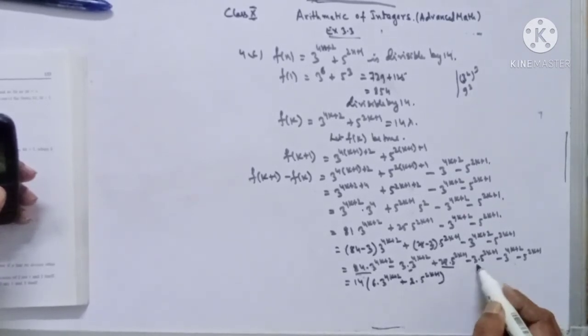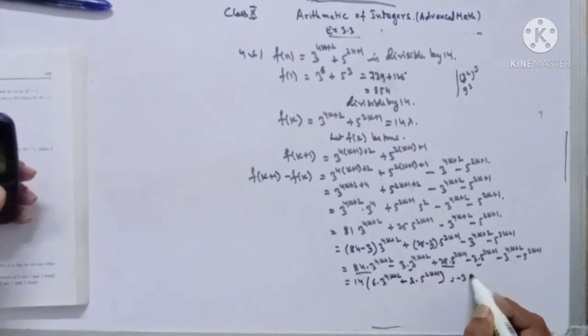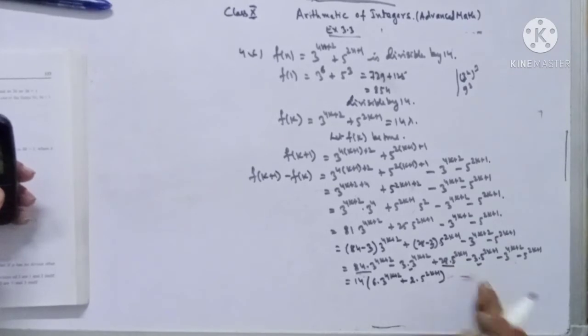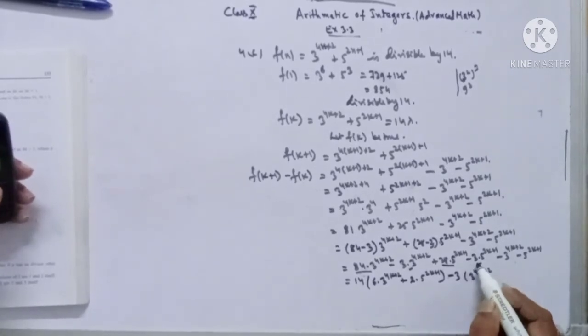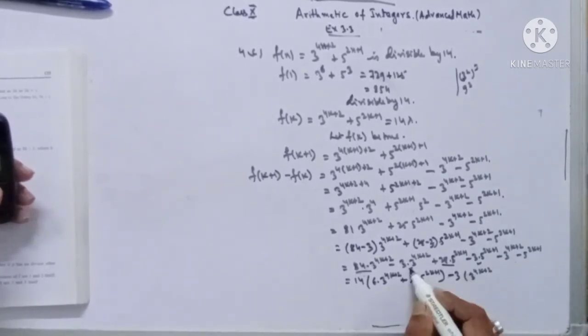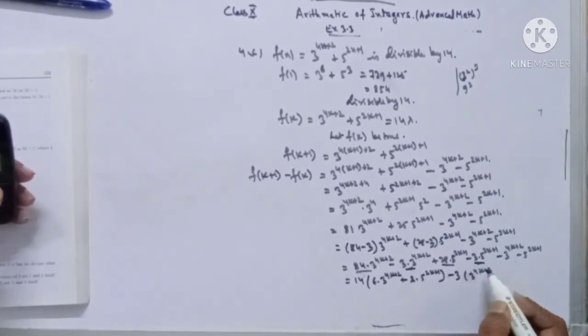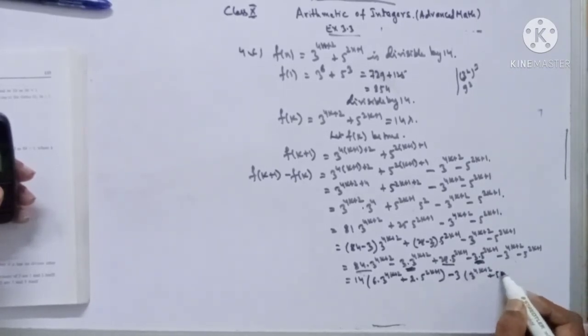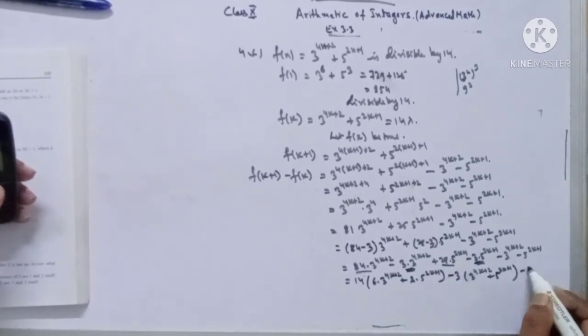For the other two parts, if we take minus 3 common, this will be minus 3 times 3 to the power of 4k plus 2 plus 5 to the power of 2k plus 1.